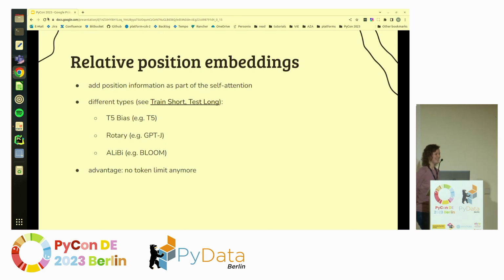The question is a bit difficult for me. Okay, then let me try to repeat it. The question was, if you have relative position embeddings, then there's no explicit limit anymore, but is there an implicit limit because the model during training has never seen very large relative distances? Is that what you mean?